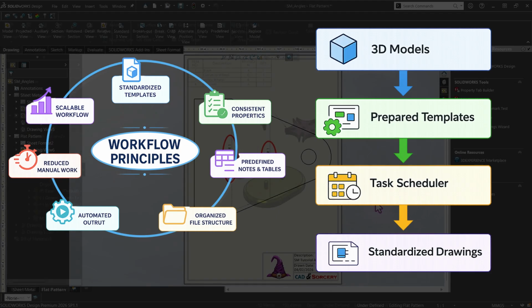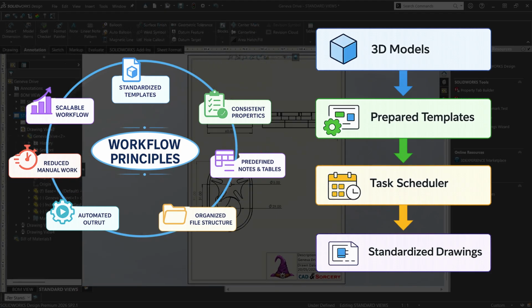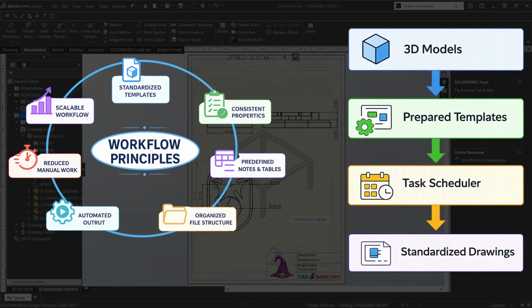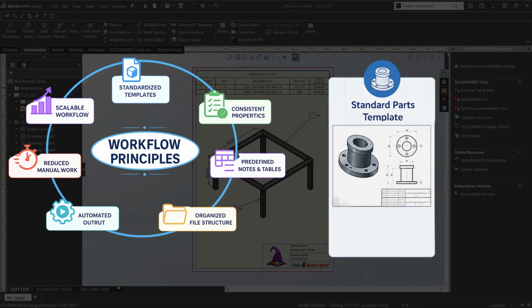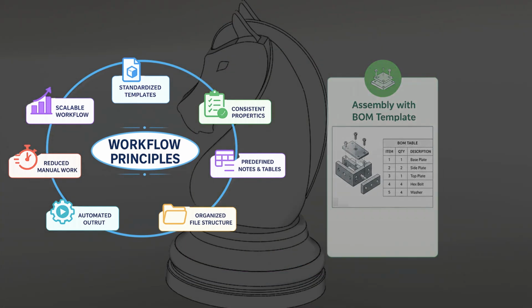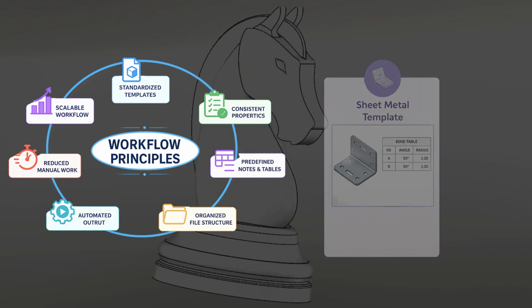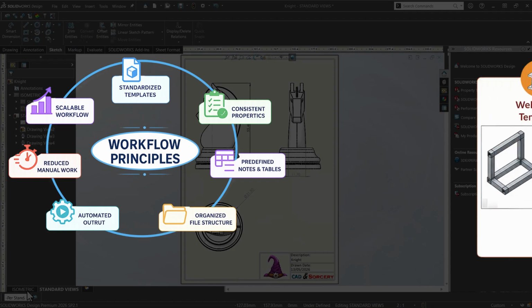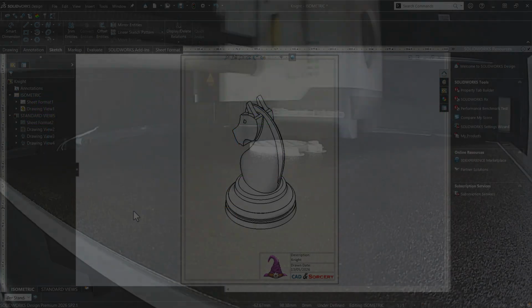Personally, I think it works best when different template strategies are used for different design scenarios. For example, we could have one template for standard mechanical parts, another for assemblies with predefined BOM templates, a dedicated sheet metal template with bend notes or bend tables, or even a weldment template containing cut lists and welding information.